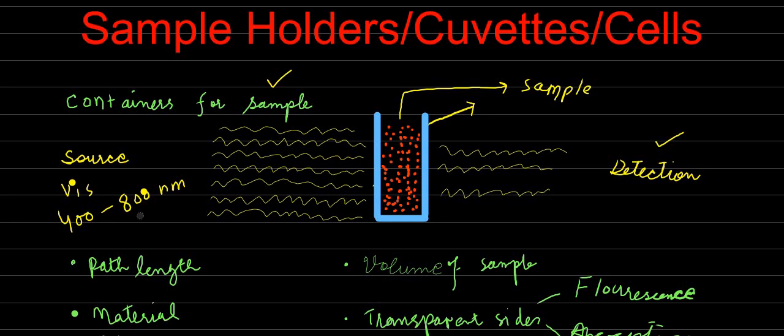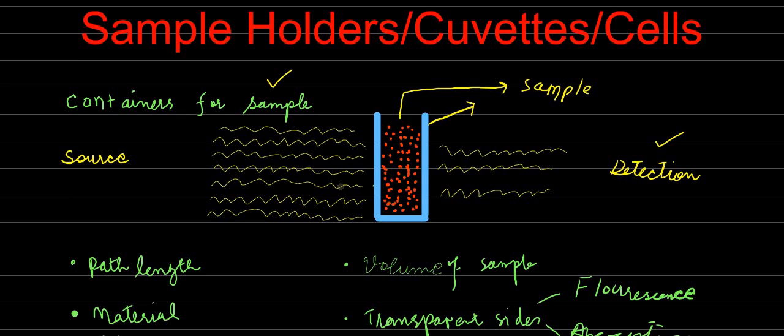They must not absorb any of these wavelengths, because if they do, there might be an interference, with the sample and the cell both absorbing the same wavelengths, which will not give us accurate results. So that's the main criterion, or main condition, of a sample holder.